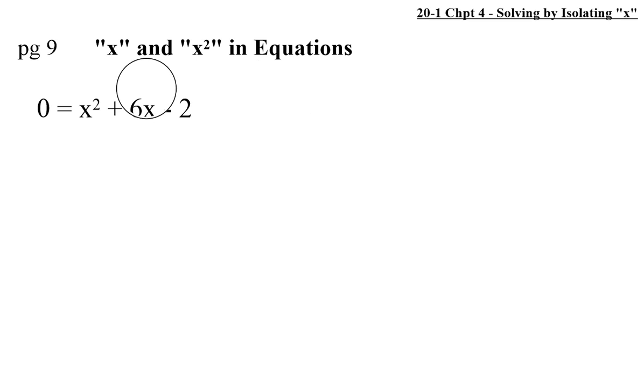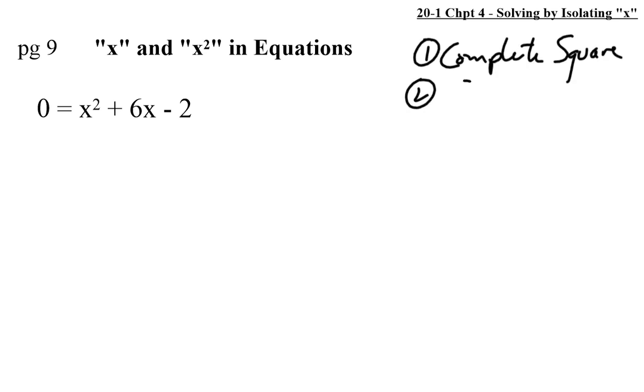So this is a situation where completing the square does become kind of important. Complete the square, and then once we've done that, then we'll be able to solve by isolating the x. So that's what we have to do. Take a second, stop the tape, give it a try.